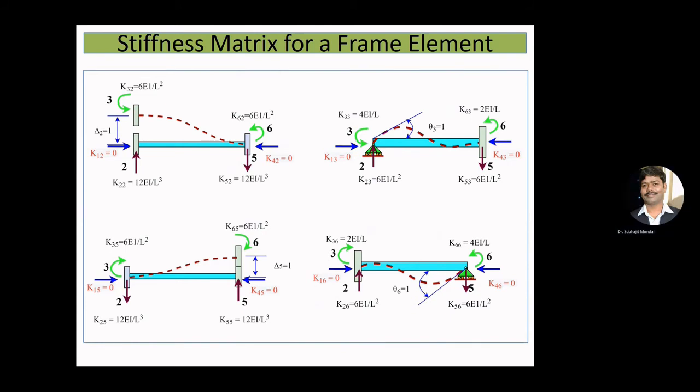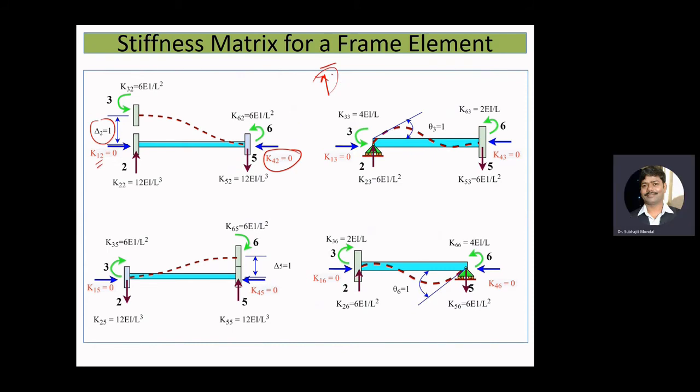Now, if you want to obtain the second column of the stiffness matrix, you need to apply unit displacement corresponding to the second degree of freedom, and we need to see what forces are developing. Now here you will observe that if we apply unit displacement in the translational degree of freedom, then in the axial degree of freedom, the force that will develop will be 0.